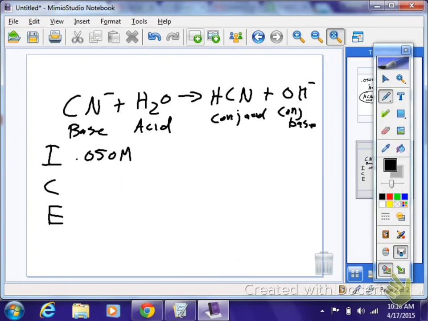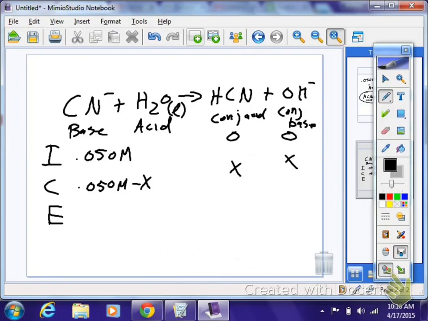Okay? This is a liquid, so it doesn't enter into our Ka, or in this case Kb, because it's going to make a basic solution. And then these are 0.